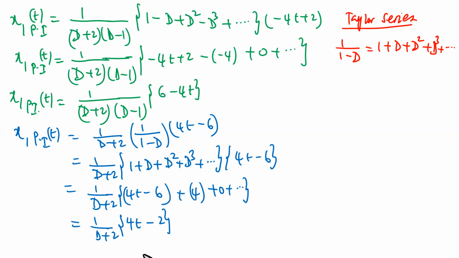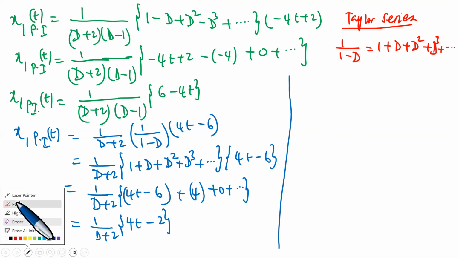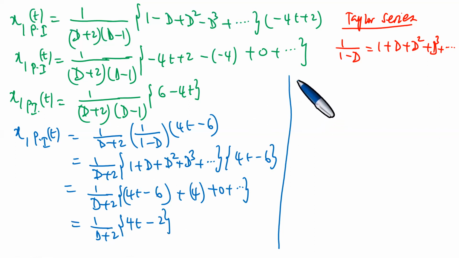Now we're just left with this one, so we must just transform it to look like that one. So I'm going to just divide the board here. And you're going to have x1 particular integral as a function of t.